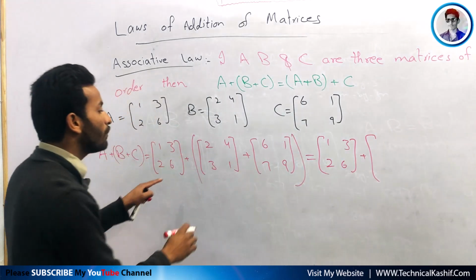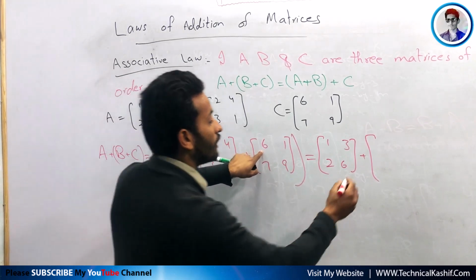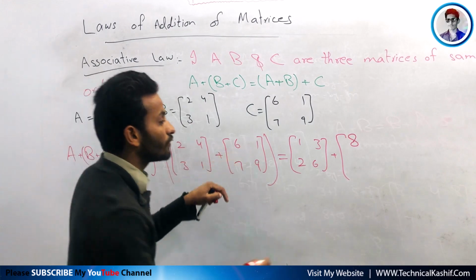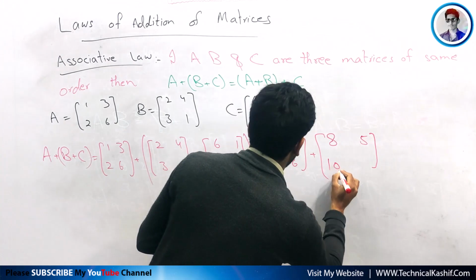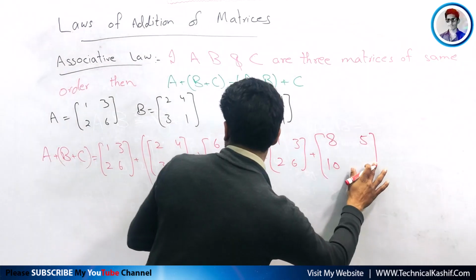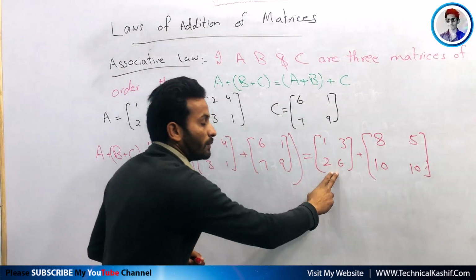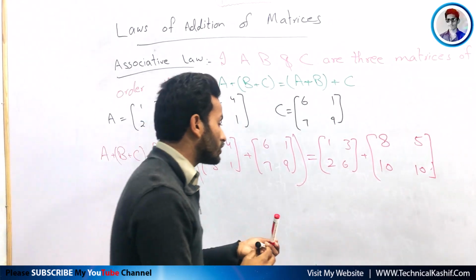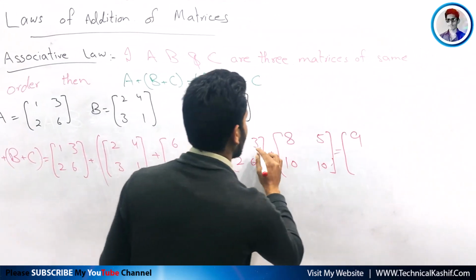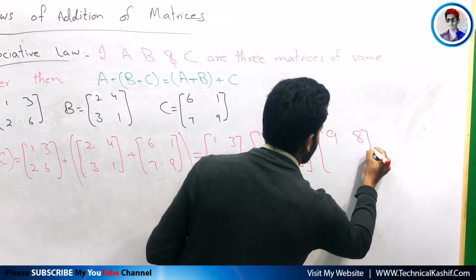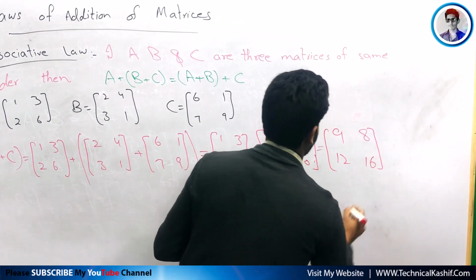For the addition of B plus C, we add their corresponding entries: 2 plus 6 is 8, 4 plus 1 is 5, 3 plus 7 is 10, and 1 plus 9 is 10. So now it becomes two matrices. By adding these two, 1 plus 8 is 9, 3 plus 5 is 8, 2 plus 10 is 12, and 6 plus 10 is 16.